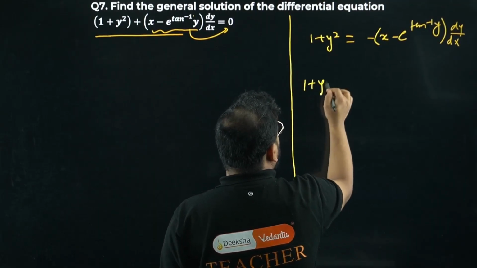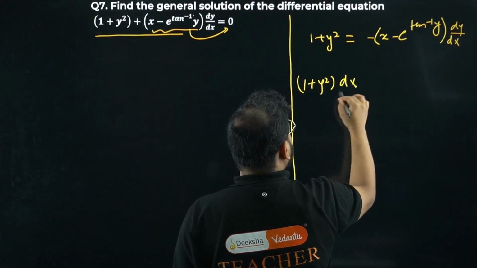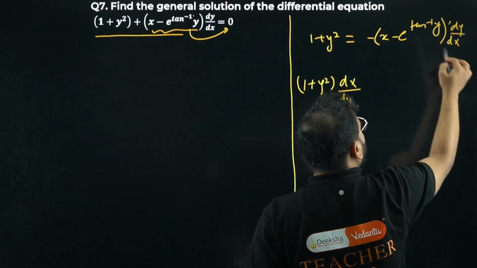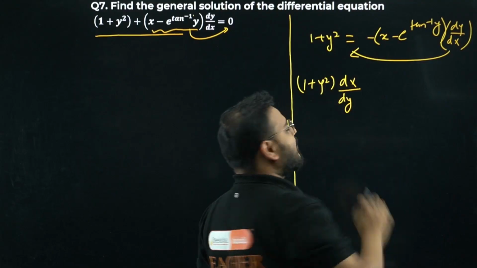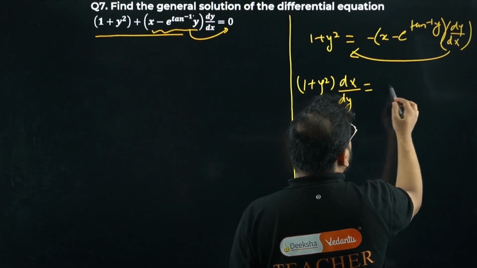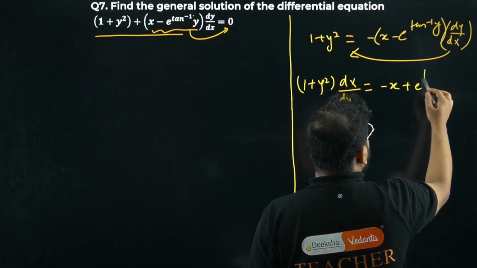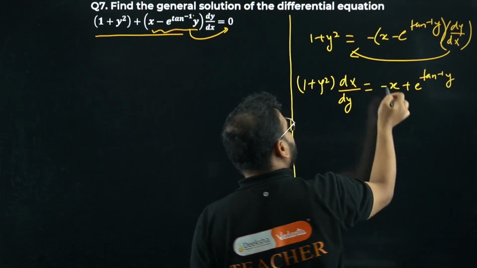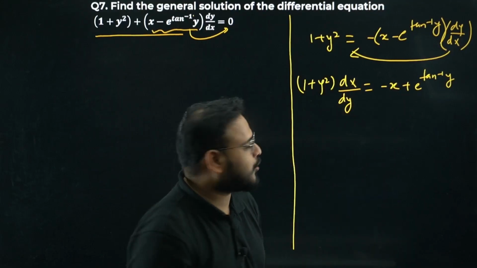It'll become 1 by y square dx by dy. I'm taking this entire part on this side, so it'll become dx by dy. Agreed? Okay, so what I have left now is minus x plus e power tan inverse of y. This negative will become positive, and this plus will become negative. Not a problem there, right? You all know that already.